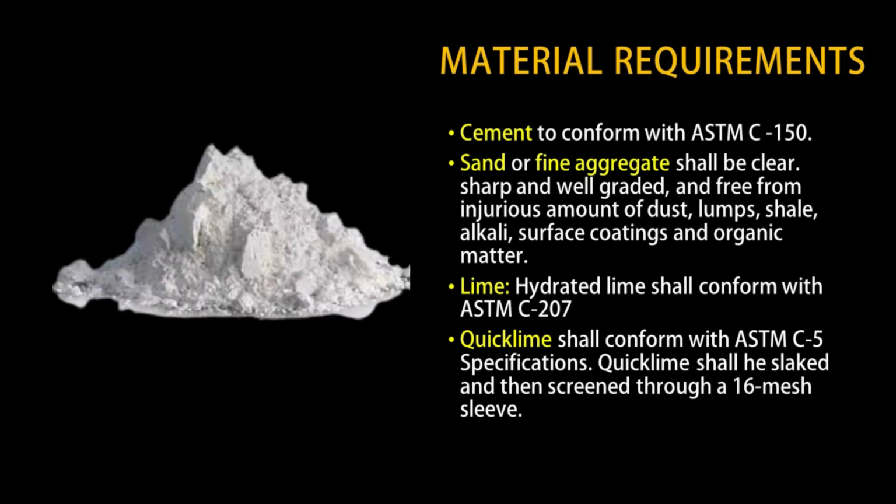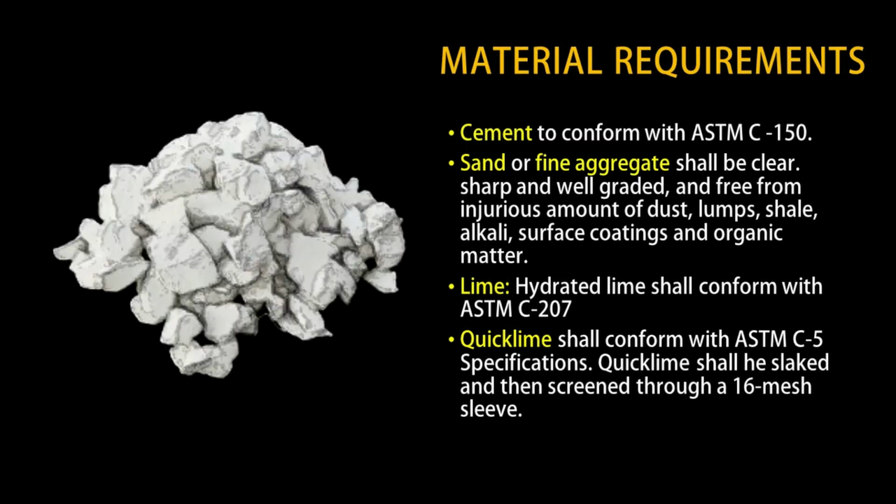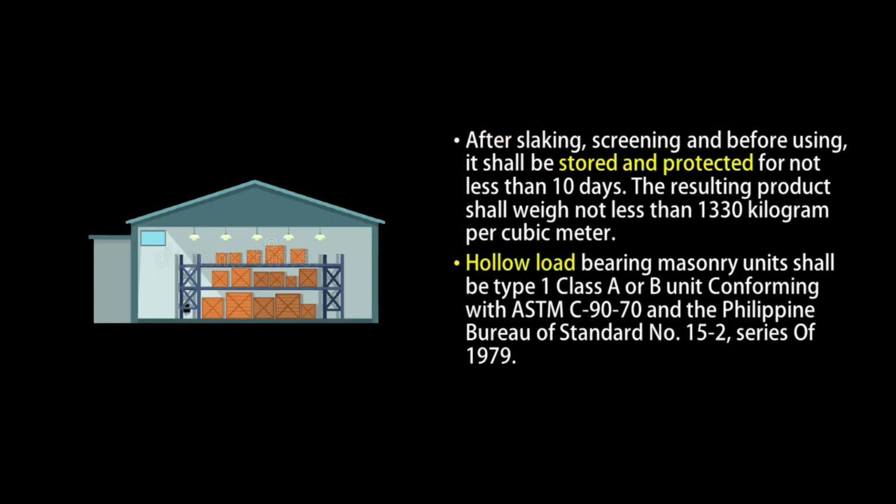Lime. Hydrated lime shall conform with ASTM C207. Quicklime shall conform with ASTM C5 specifications. Quicklime shall be slaked and then screened through a 16 mesh sieve. After slaking, screening, and before using, it shall be stored and protected for not less than 10 days. The resulting product shall weigh not less than 1,330 kilograms per cubic meter.